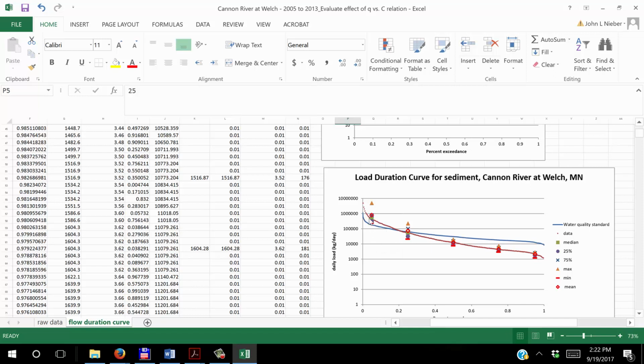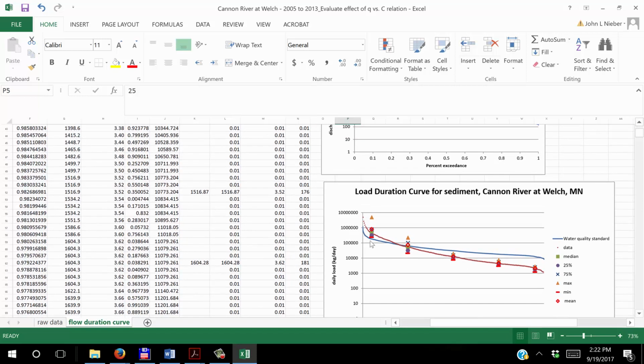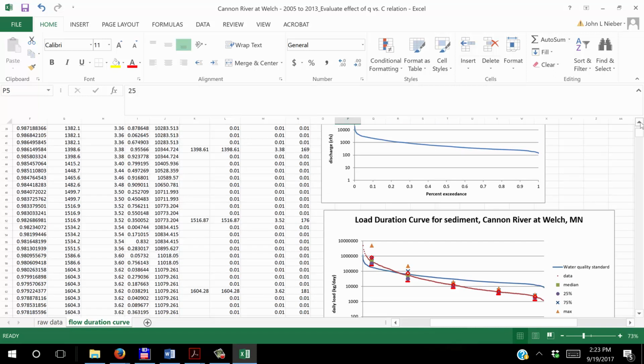So actually all these points should fall on the same location on the graph at any given exceedance level. And I haven't figured out how to fix that. But in the assignment, you're going to be asked to calculate the load, the median load, and the 25% and the 75% load estimates to come up with a range of estimates of the load.